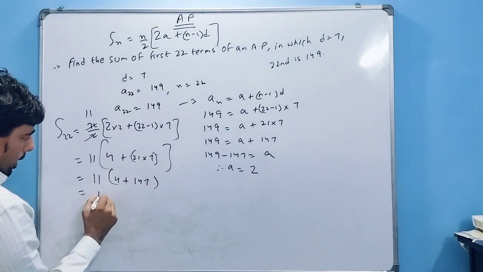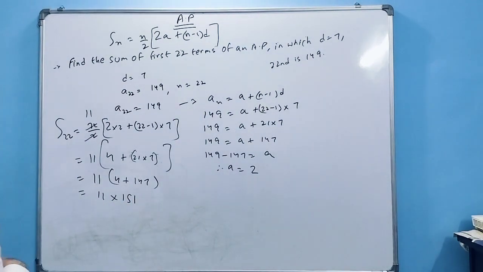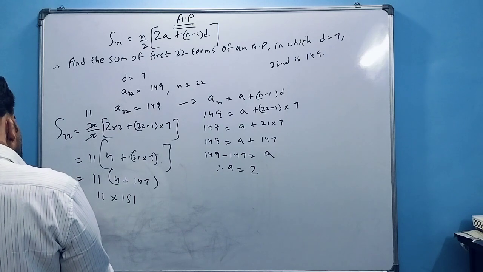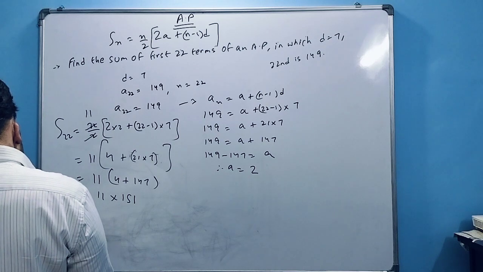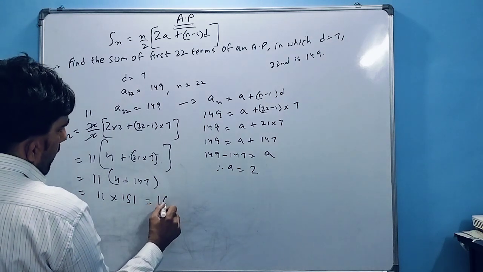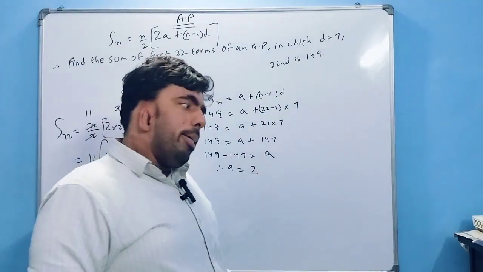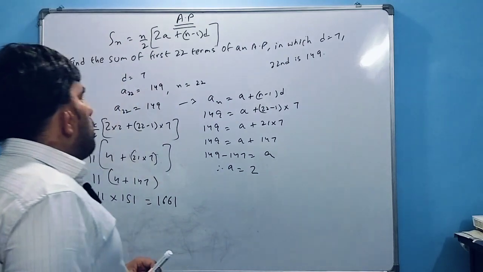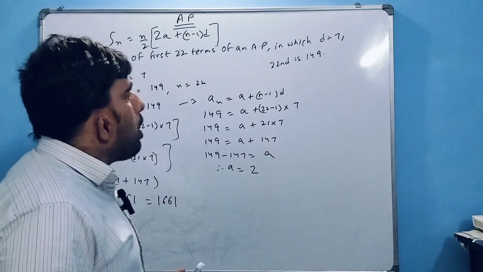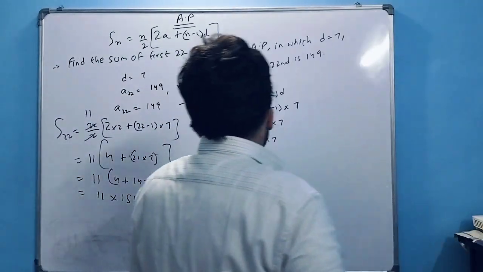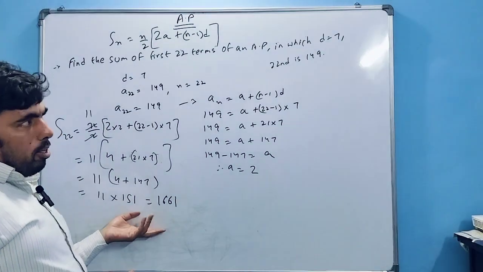So I got 11 into 151. Okay, so now I will multiply and find the answer, that is 1661. So very easily I can find the sum by using this formula, and try to solve this numerical.